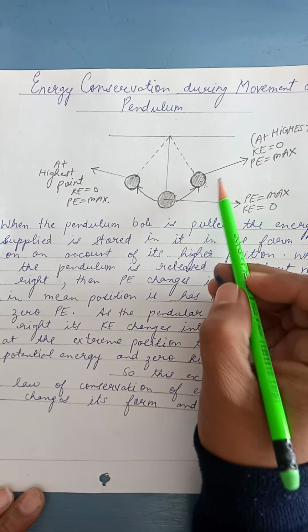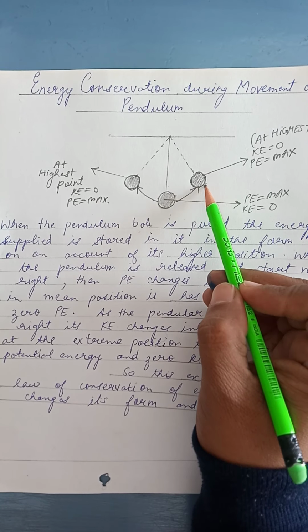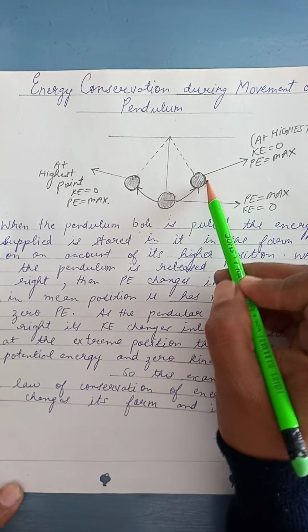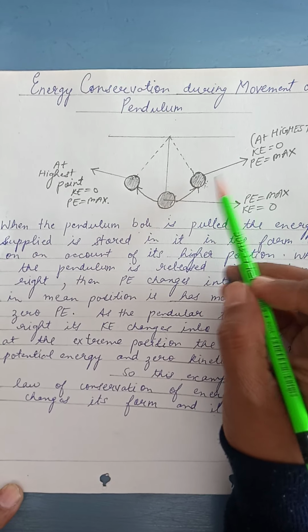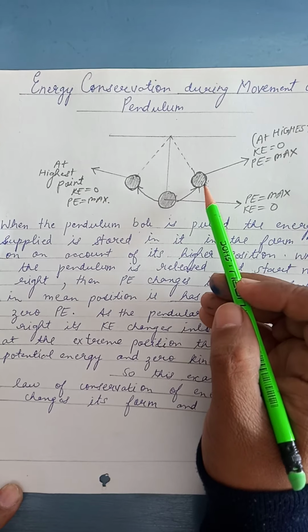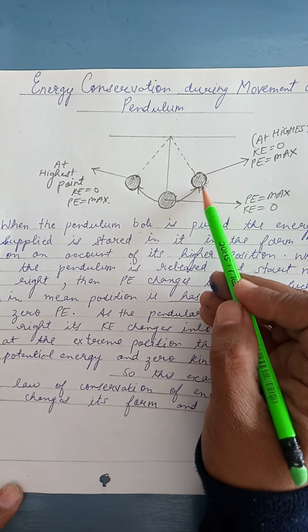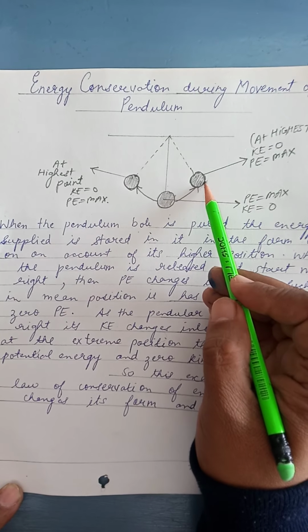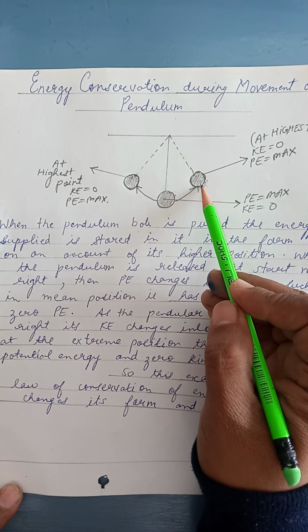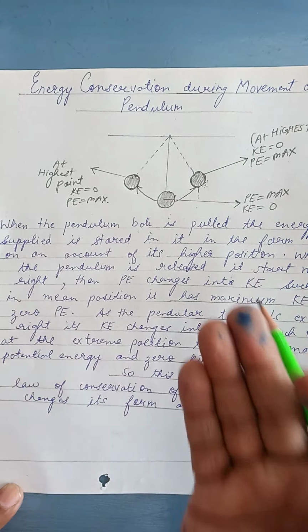Now when we release this bob from this point, where at rest it had maximum potential energy and zero kinetic energy, what will happen? It will start moving towards this side. The potential energy will go on decreasing, and the kinetic energy will go on increasing.